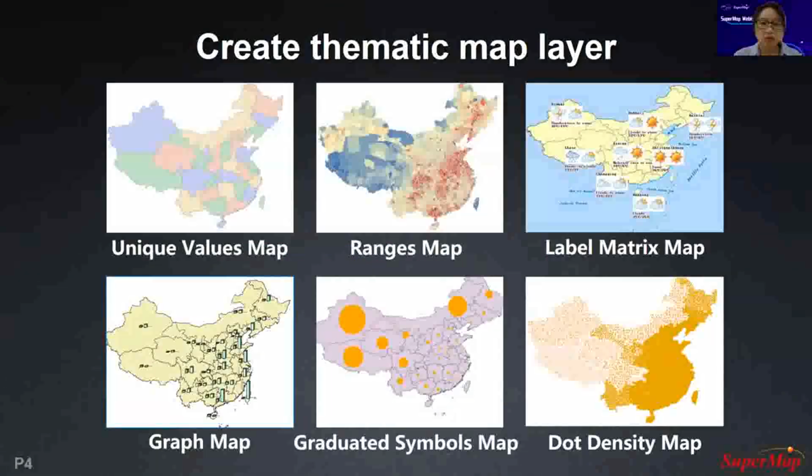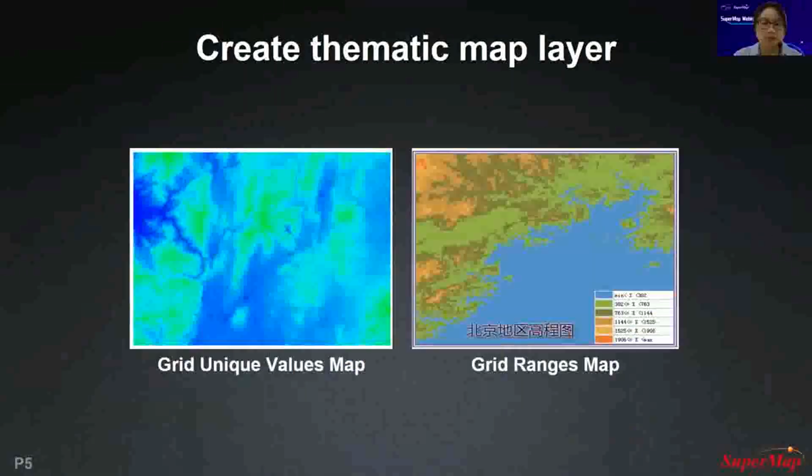So iDesktop supports thematic maps such as unique values map, ranges map, label map, graph map, like this. And it also supports raster thematic maps, such as the grid unique values map and the grid ranges map.